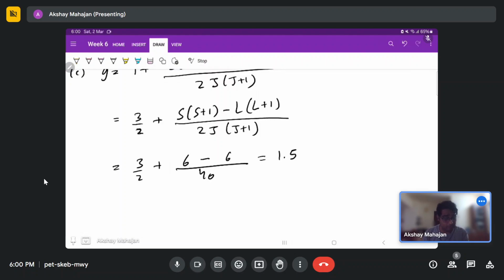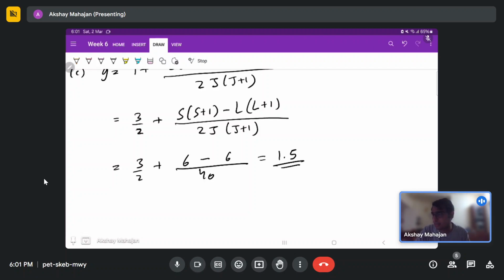Okay, so this will be 2 times 4 plus 1, 5 here. Now note that, just 1 minute, actually I want to put something more in this one. So we have, this is the g value.